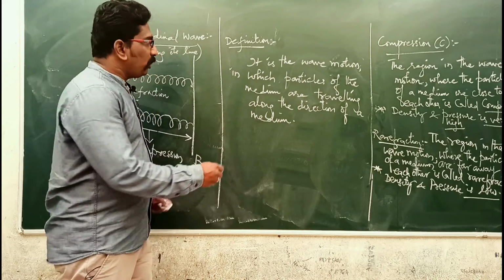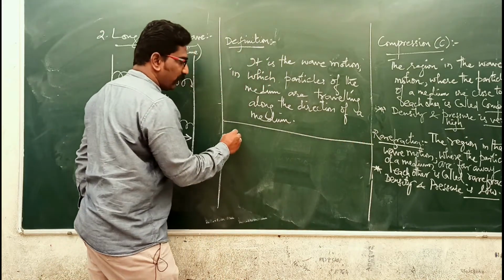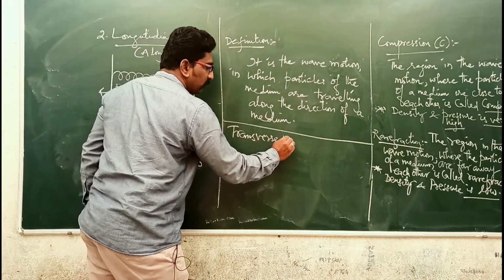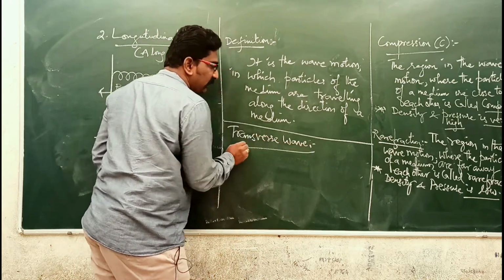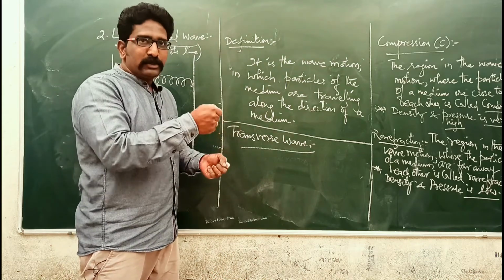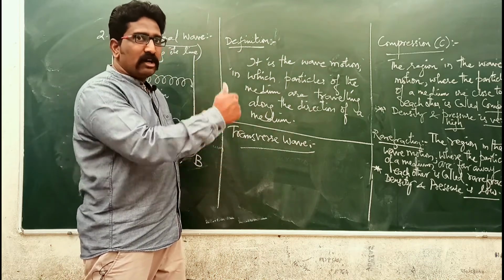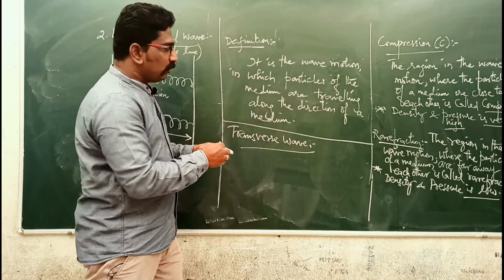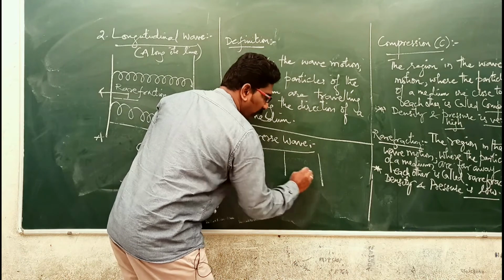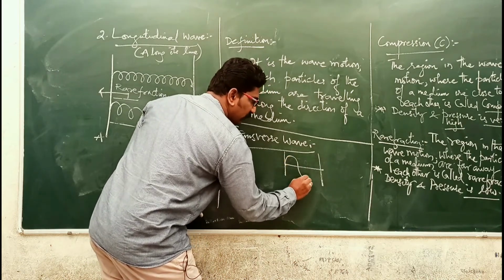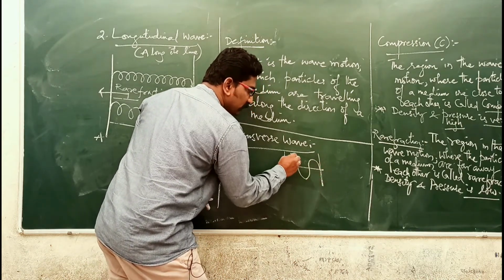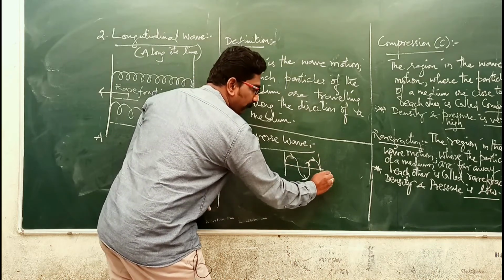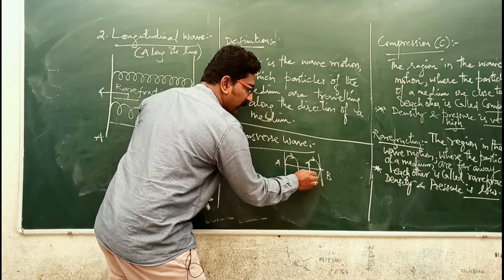And one point in the transverse wave: how did the name transverse come about? In the transverse wave, you have seen that whenever a rope is moving, it goes up and down until it reaches a point, and then from that point it comes back. Let me say this is the direction of the rope initially moving. Once it strikes this point B, it travels back.